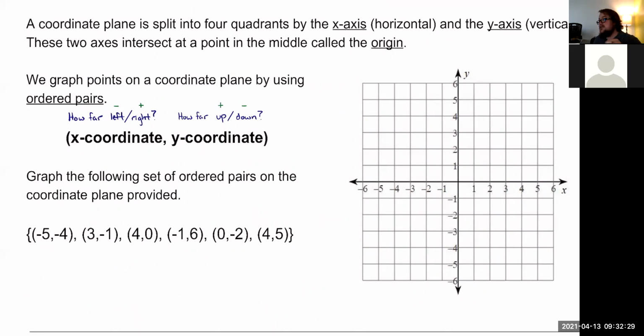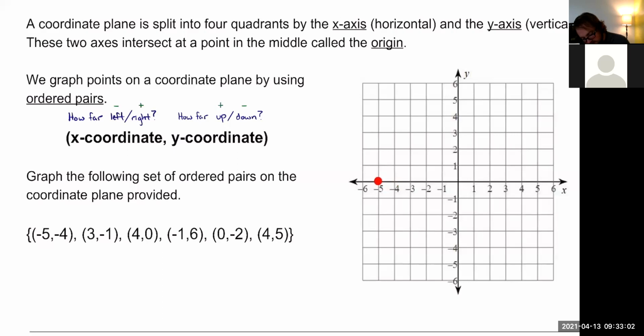And every time that we graph, we always start our counting back at the origin, back at that 0 mark in the middle. So I'll do the first 3 with you, and then I'll give you a moment to try the last 3. -5, -4. So again, I'm going to start here at the origin. What's that -5 telling me to do? Go left how many units? So 1, 2, 3, 4, 5.